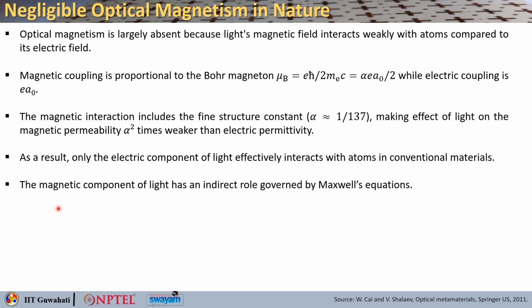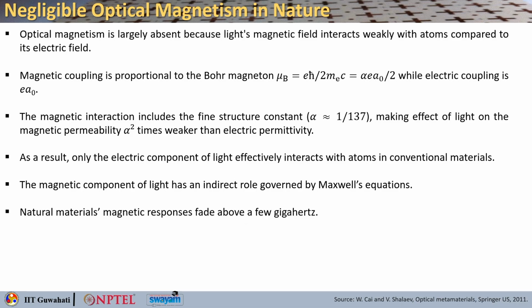However, it is not that the magnetic field is not playing any role. The magnetic field component of the light plays an auxiliary or indirect role through its relation with the electric field, which is governed by Maxwell's equations we have all seen.